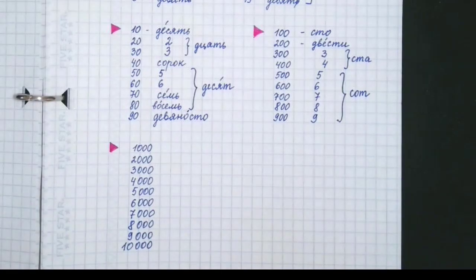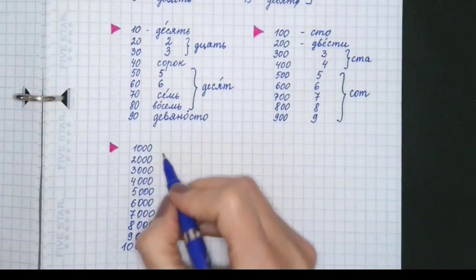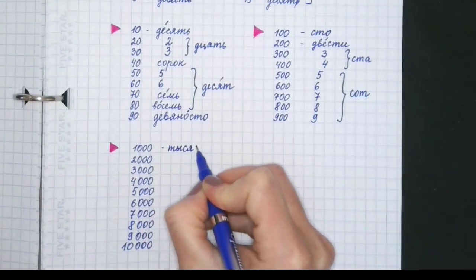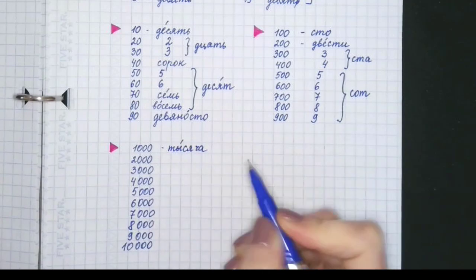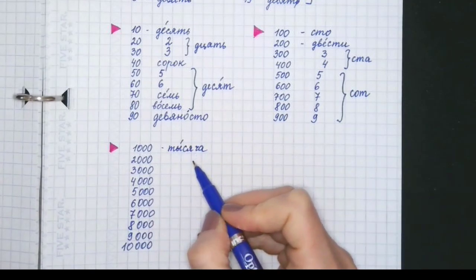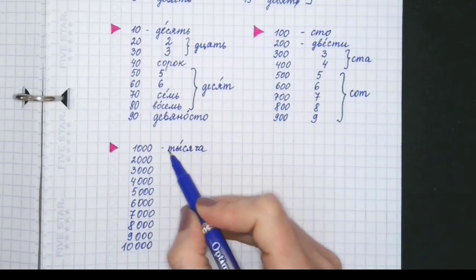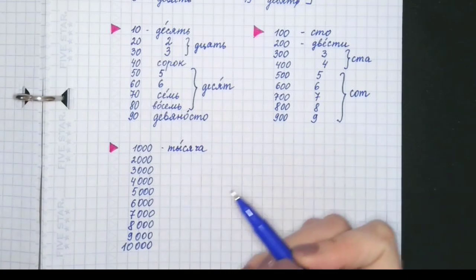Okay, so let's take a look. The word тысяча needs to be remembered. Тысяча. And again, yeah is not stressed, so it's reduced more to like it. So like тысяча, тысяча, тысяча.